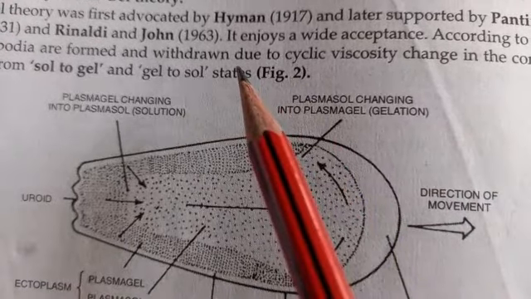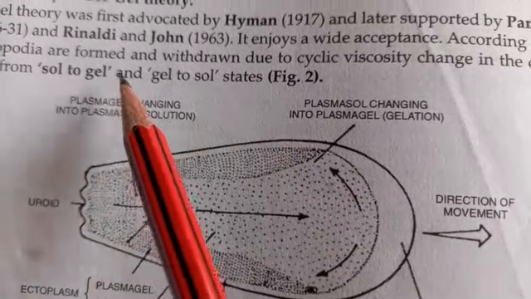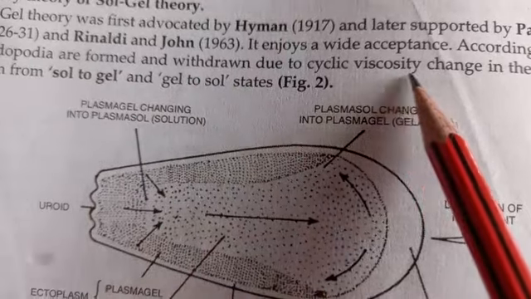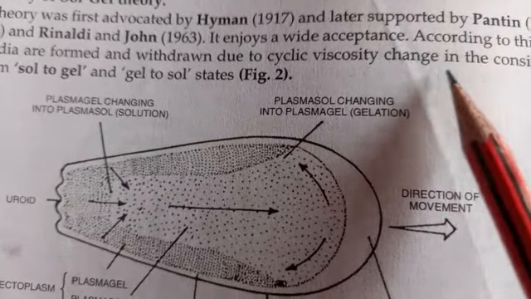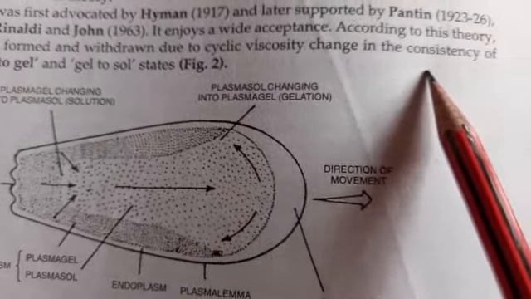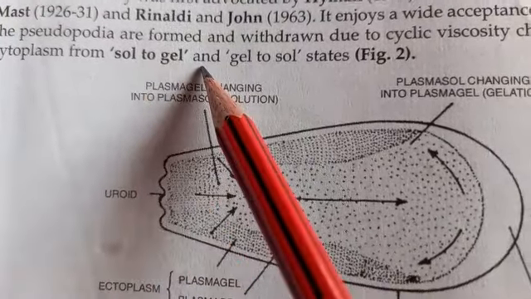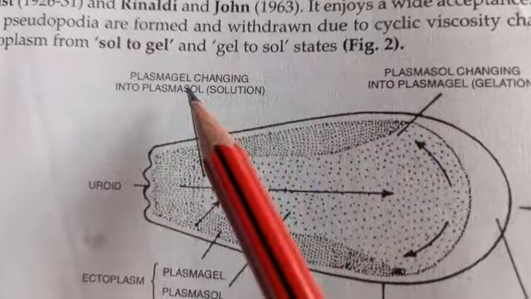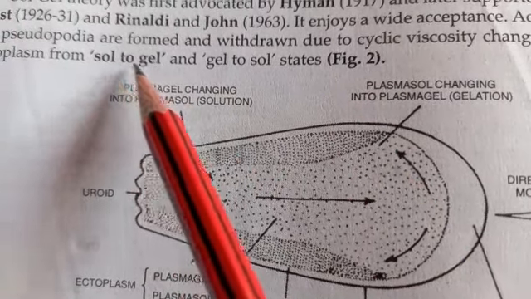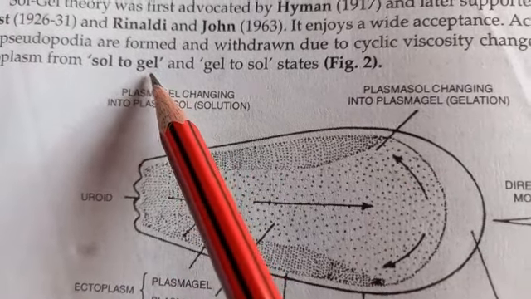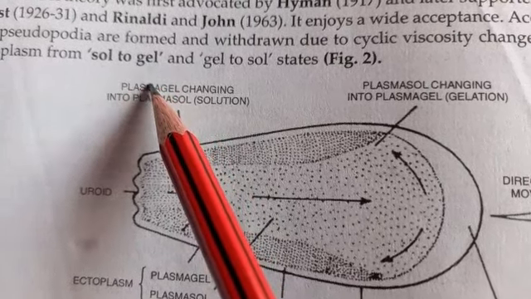Again, I'll repeat: the pseudopodia are formed and withdrawn due to cyclic viscosity change in the consistency of the cytoplasm from sol to gel and from gel to sol forms. Sol is the solution form, and gel is a little harder, a gel-type structure.